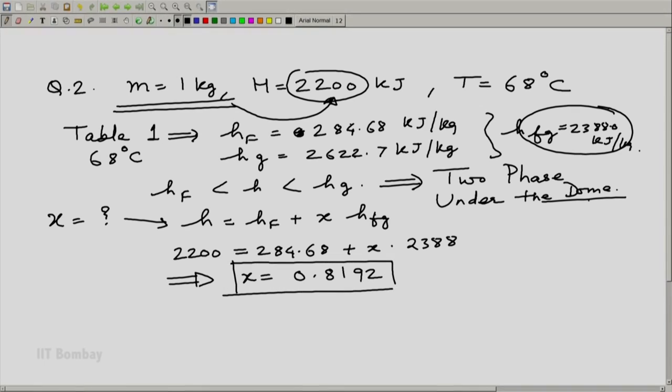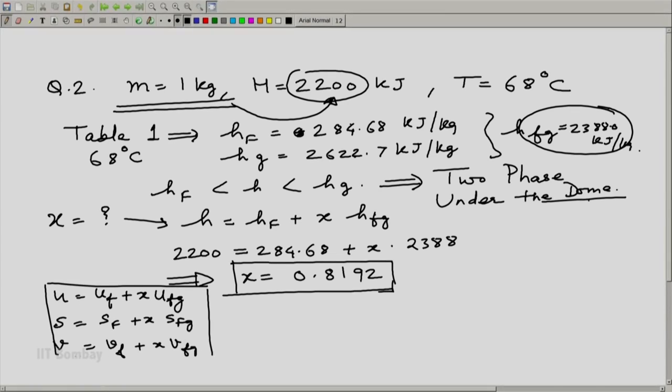Once we get the value of X, we can get all the properties, and that is not a problem at all. I can now get U is equal to UF plus X times UFG, as we have done earlier, S is equal to SF plus X times SFG, and V is equal to Vf plus X times Vfg.